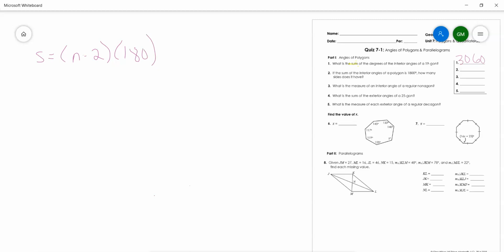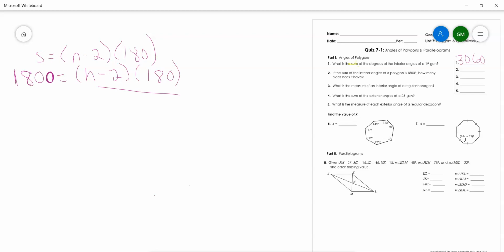And so I'm going to solve for n. It says the sum of the interior angles is 1800, so S is 1800 equals n minus 2 times 180.